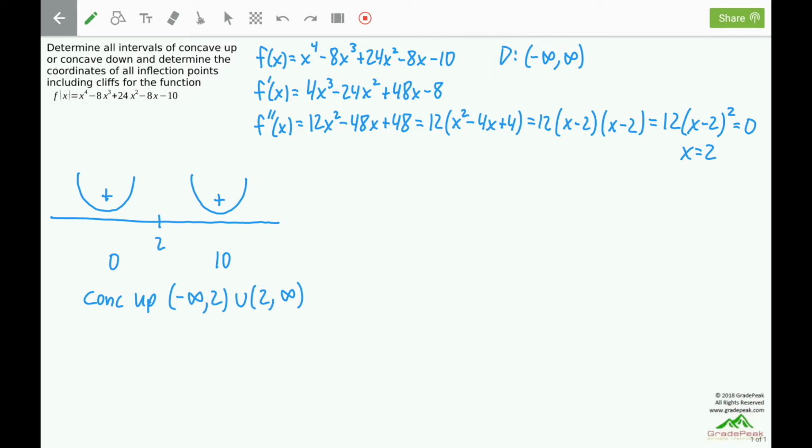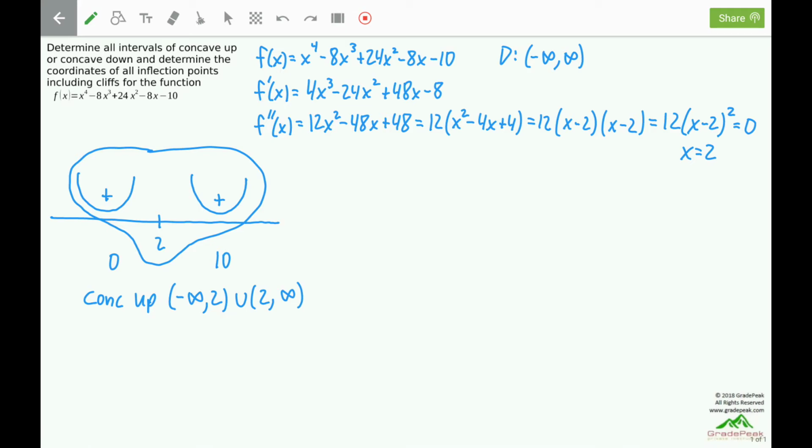Right at the candidate number of x equals 2, the concavity is not changing. In order to have an inflection point, the concavity has to change, and it's not changing here.